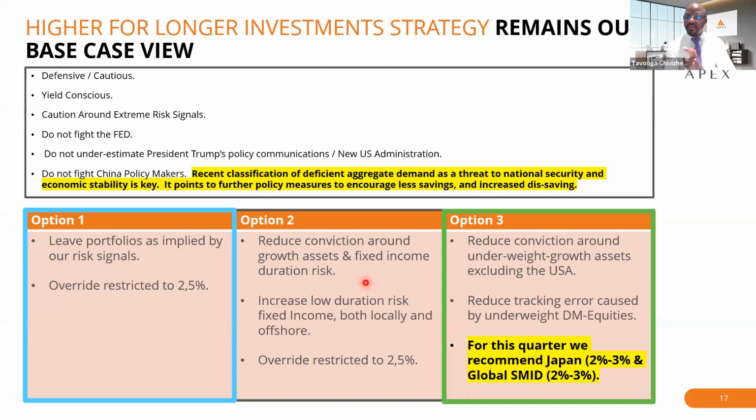But if that direction changes to the upside, a high duration risk strategy will suffer a lot of losses. In that case, you need to quickly reduce your duration risk and increase your low duration risk exposure. You'd also maybe need to reduce your conviction around growth assets. We're not convinced we have to consider option two at all. And I'll touch on that a little bit later.